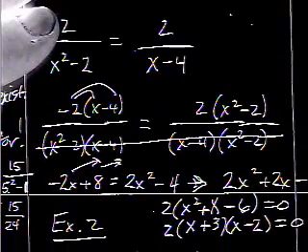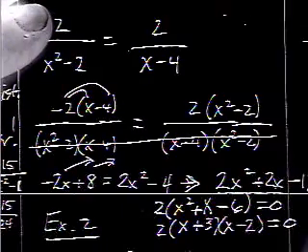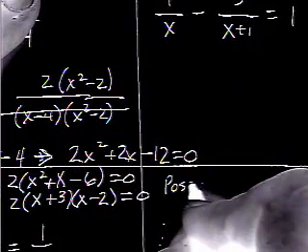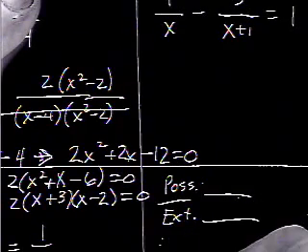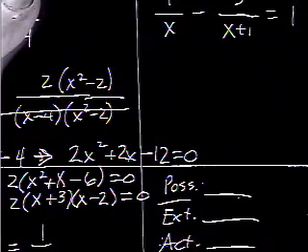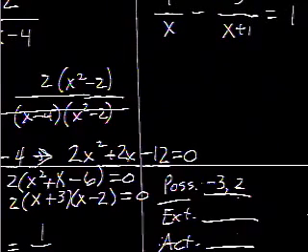So in terms of your possible solutions, you've got your possible solutions, your extraneous, and your actual solutions. Negative 3 and positive 2 are possible solutions.